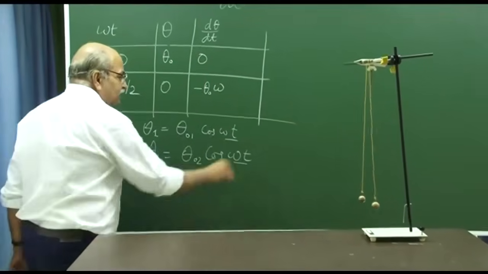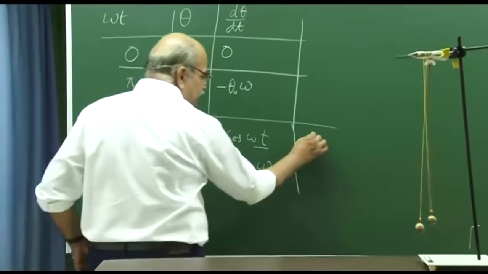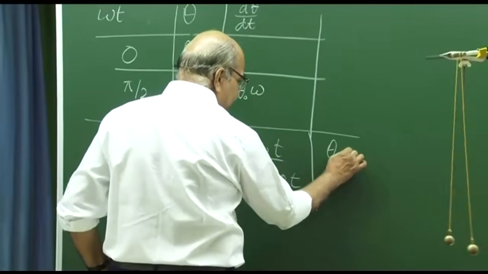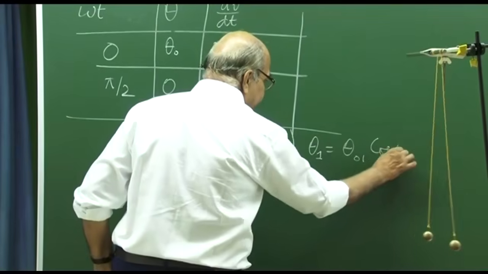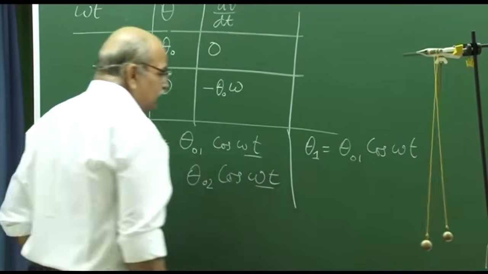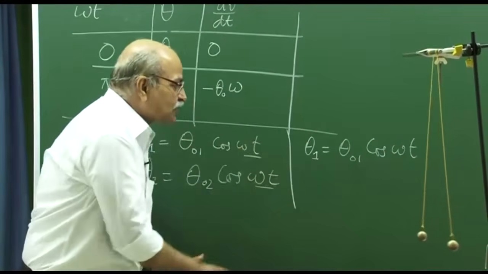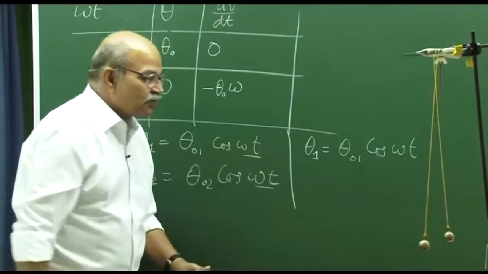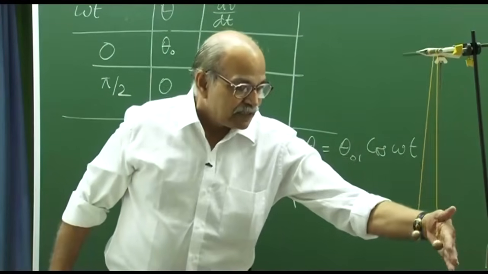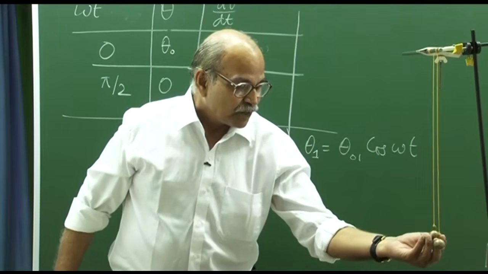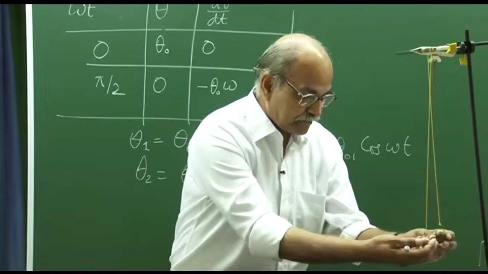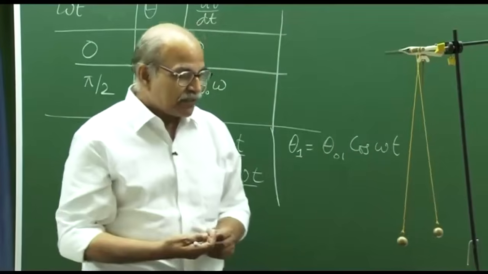If I still say that my first pendulum, the front pendulum, is given by some amplitude cos omega t, and with the same t equal to 0, the same theta equal to 0, if I want to describe the rear pendulum, what happens?